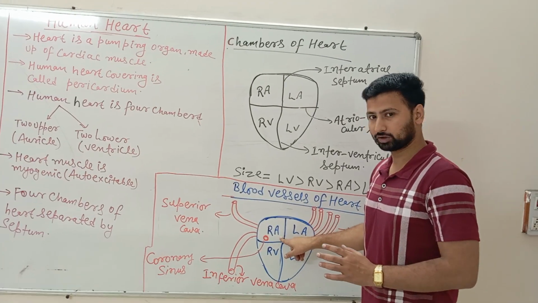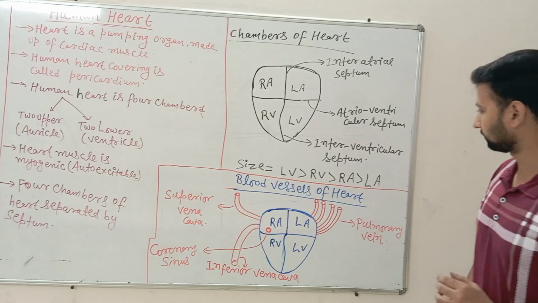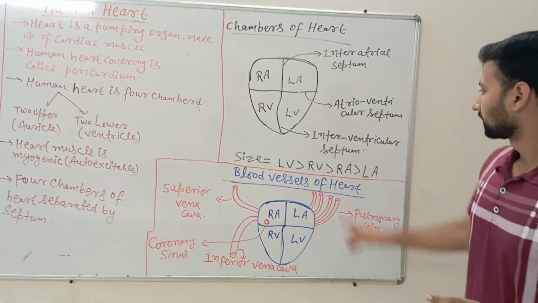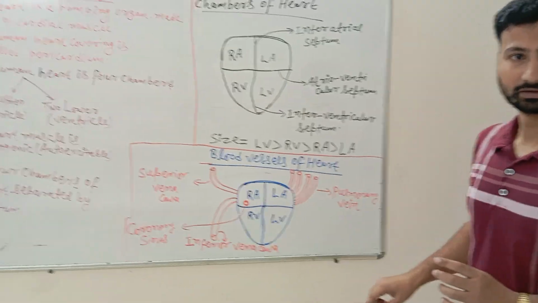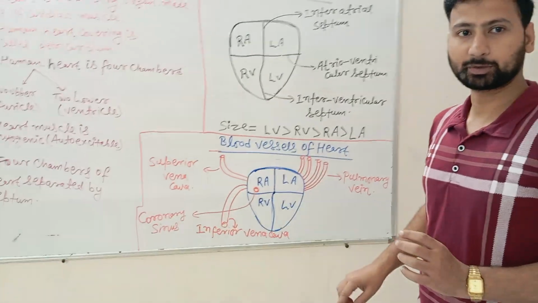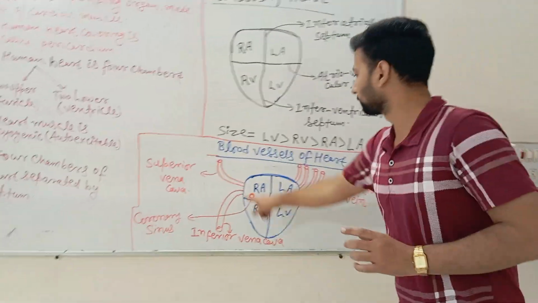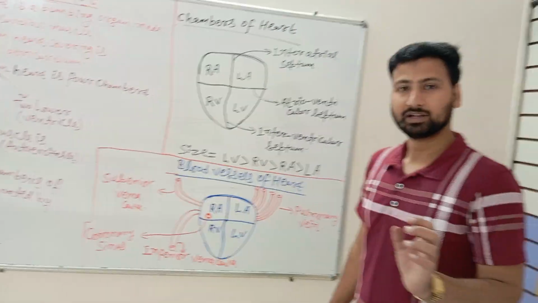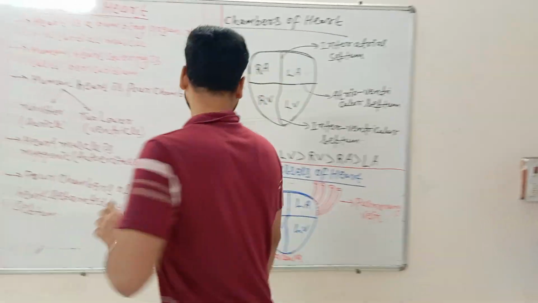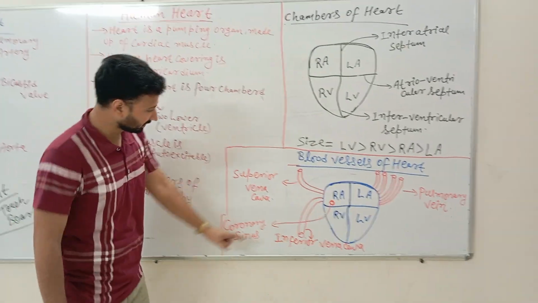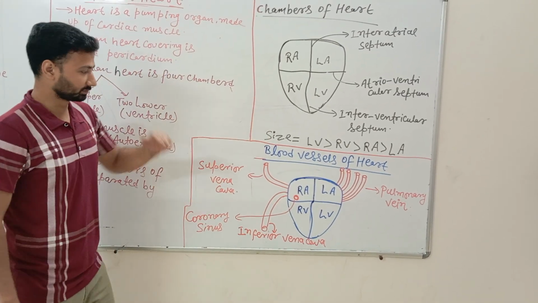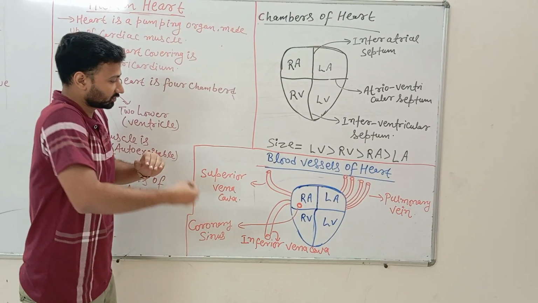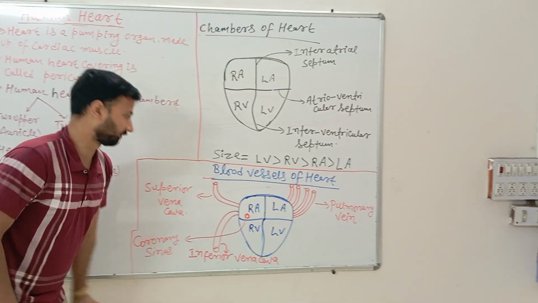When we see the right part of the heart, there is one vessel which is coming from the upper part of body, superior vena cava. Another one coming from the heart is coronary sinus. And from the lower part of the body, blood carries to the heart by inferior vena cava.